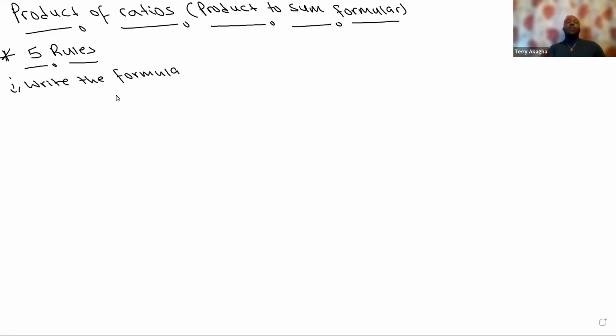Then when you've written the formula, the next thing you have to do is substitute the given angles. Then the next is that you have to find the values of the trig expressions.